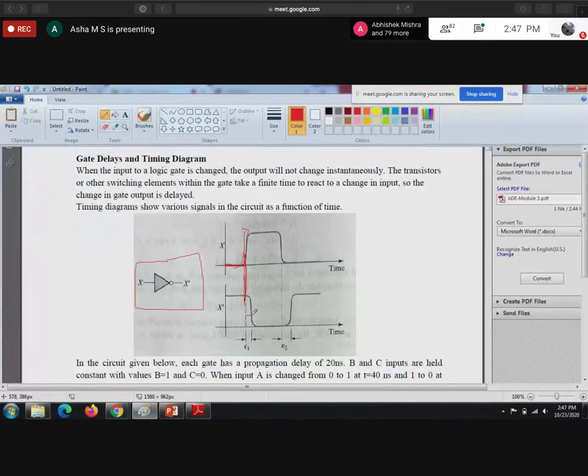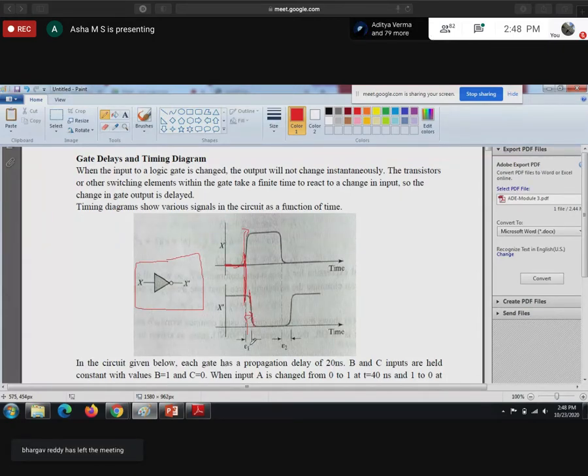See, after this amount of time, at this particular time, the output of the NOT gate is changed from 1 to 0. So this difference is represented by epsilon 1.